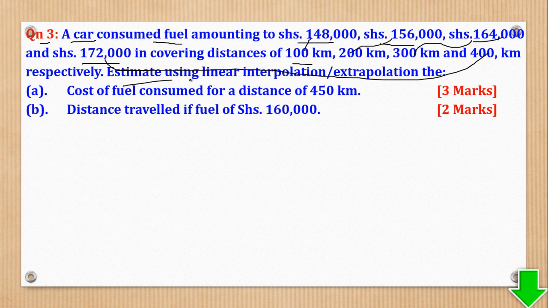Estimate using linear interpolation or extrapolation the part A cost of fuel consumed for a distance of 450 kilometers. Then distance traveled if fuel is shillings 160,000.